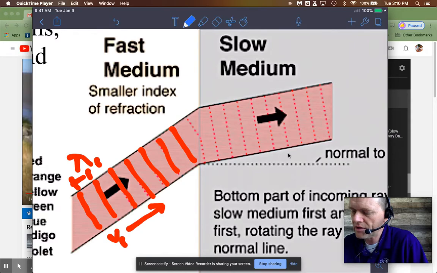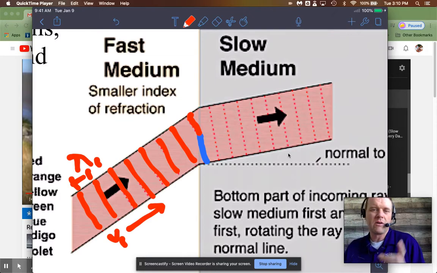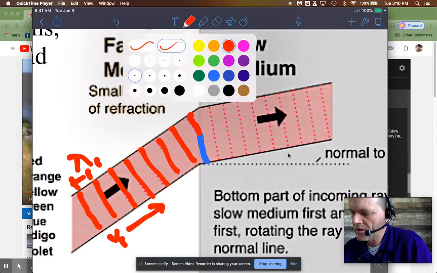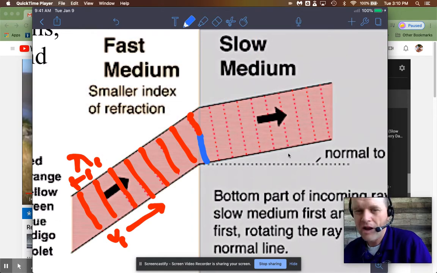Once you hit the slow medium, the waves travel slower. And there's a weird transition here where part of the wave, and I'm doing this on purpose, the red part is still in the fast medium, but the blue part is in the slow medium. So what happens is the wave bends, it changes direction because part of the wave is now in the slower medium.